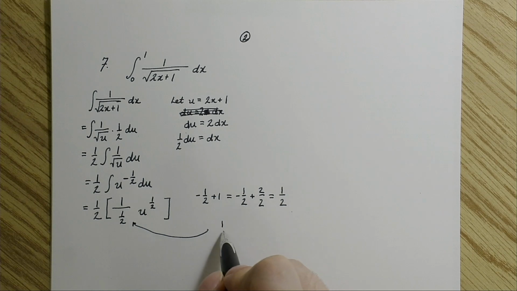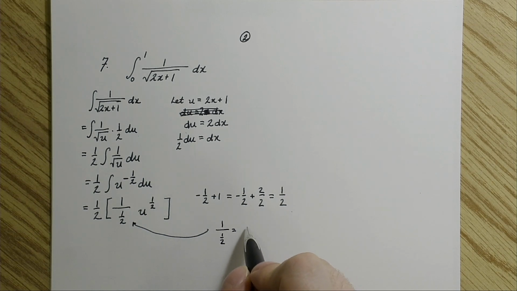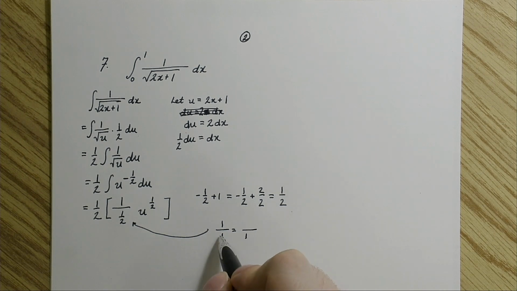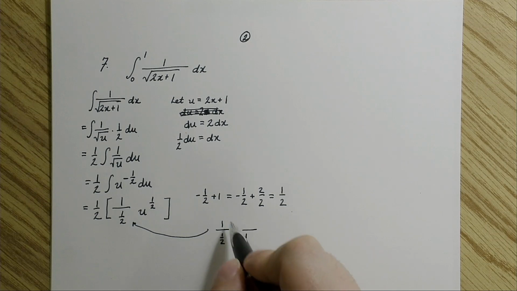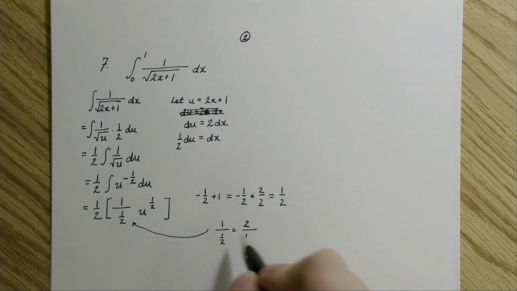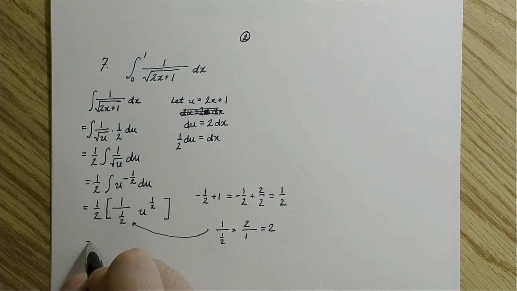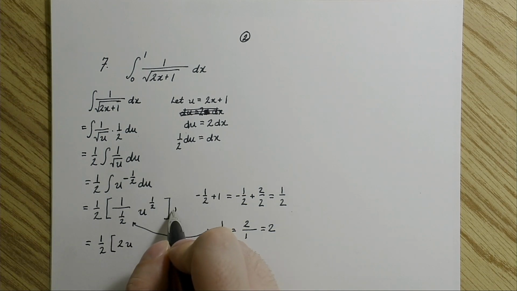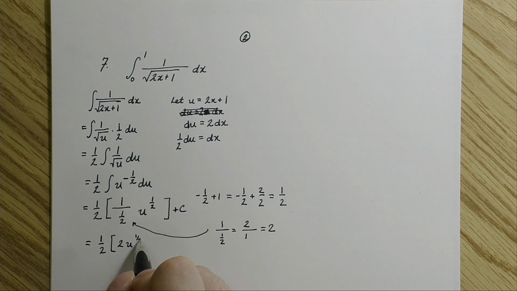So again, 1 over 1/2, you leave the 1 in the denominator, and the 2 comes up into the numerator, so I'm left with 2 over 1, which is equal to 2. So I'm left with 1/2 times 2u to the 1/2 plus a constant.